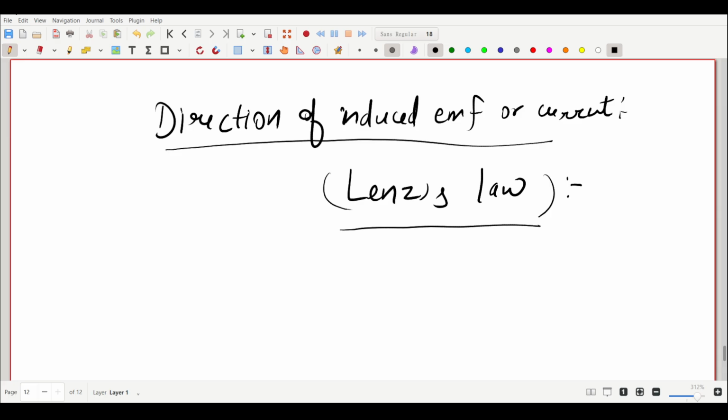The statement of Lenz is: the direction of induced EMF is always such that it opposes the cause producing it.